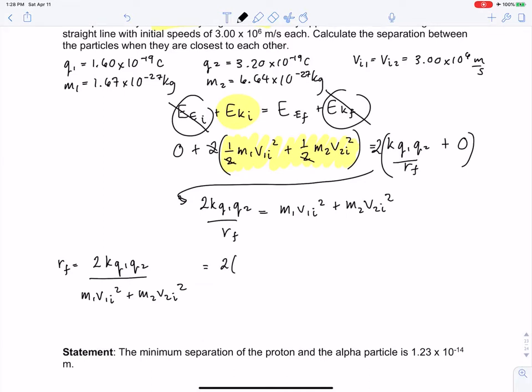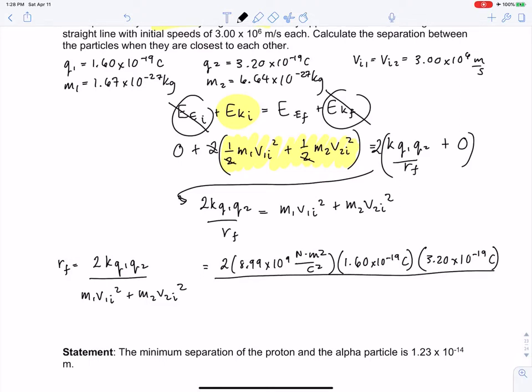We have 2 times 8.99 times 10 to the power of 9 newtons times meters squared per coulomb squared times Q1, which is 1.60 times 10 to the power of negative 19 coulombs, Q2, which is 3.20 times 10 to the power of negative 19 coulombs, divided by, and meticulously we're putting in the correct values, m1 is 1.67 times 10 to the power of negative 27 kilograms with an initial speed of 3 times 10 to the power of 6 meters per second.